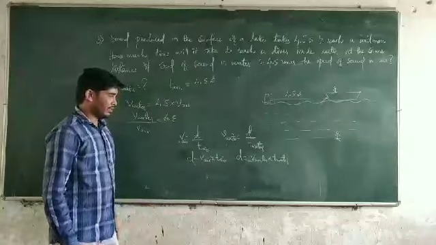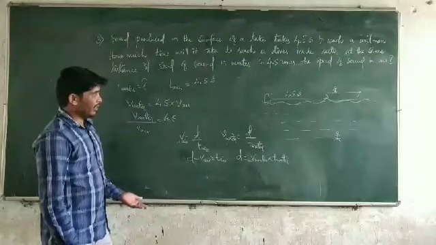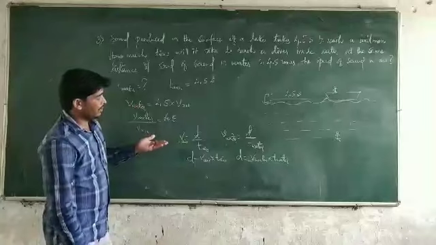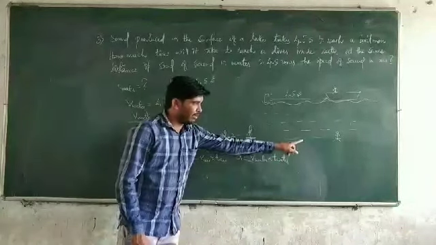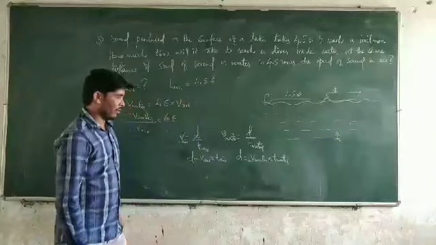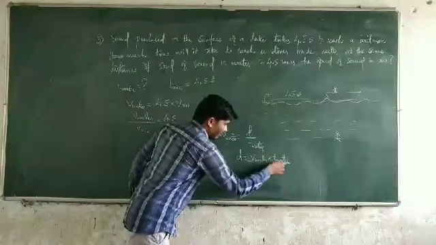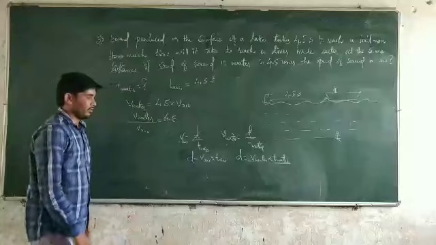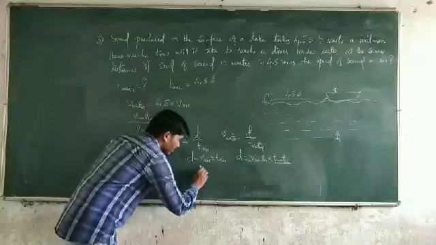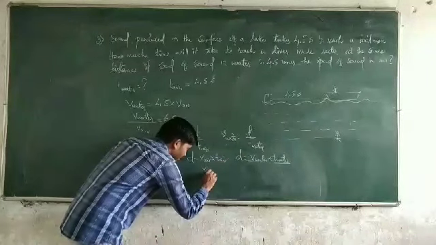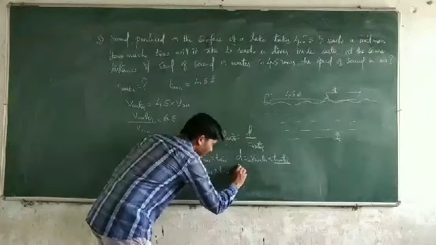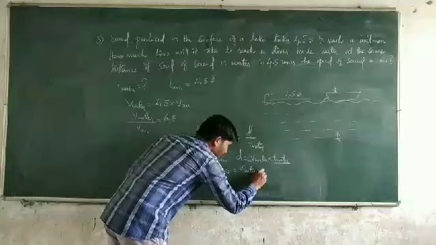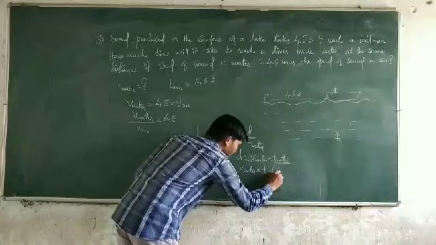So from this relation, what we are going to calculate is the time taken by the sound to reach the diver inside the water, which means you are going to find T of water. So from these relations we can write V of air into T of air is equal to V of water into T of water.